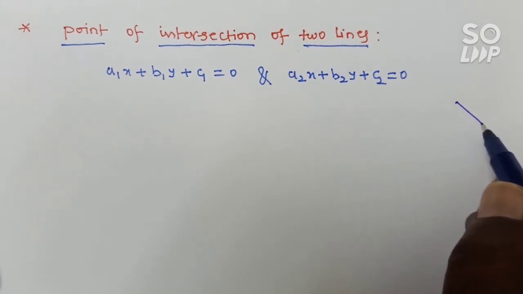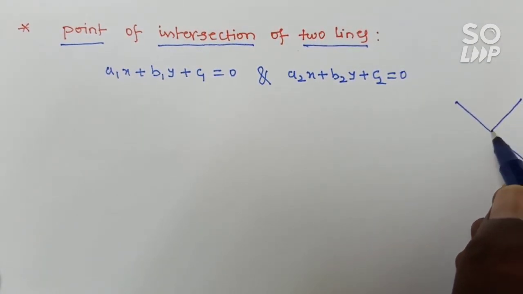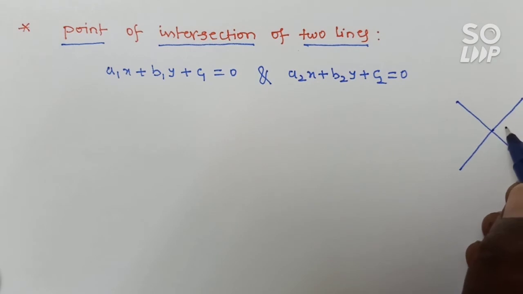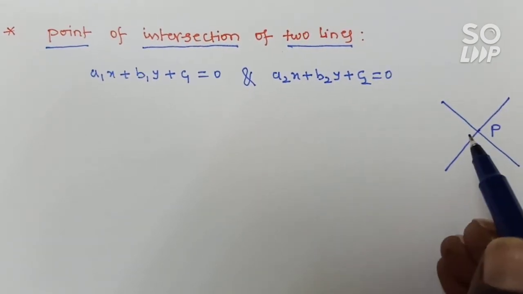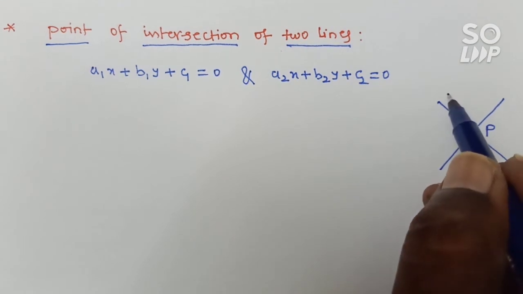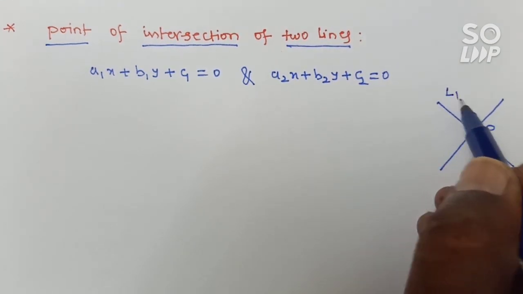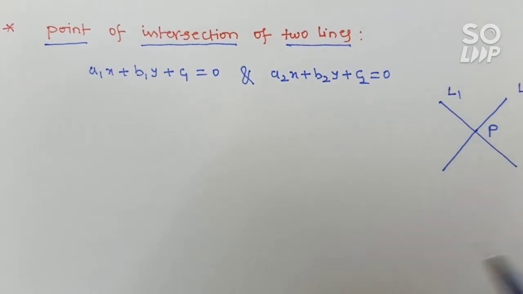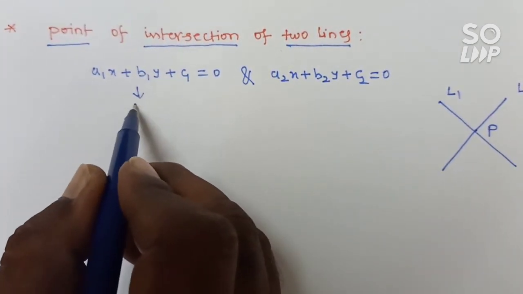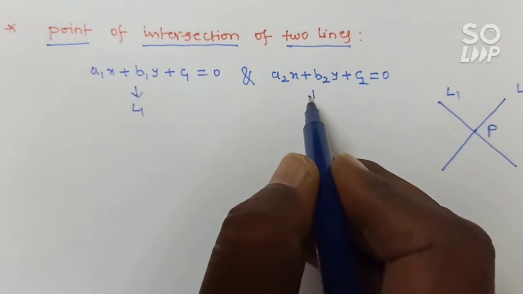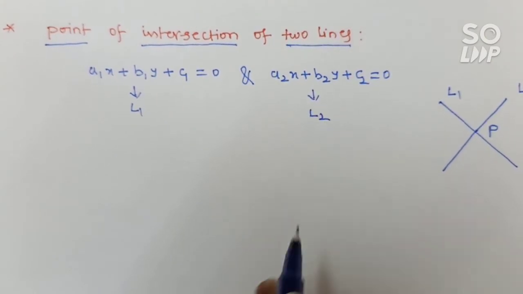Point of intersection means these two lines will have a common point. This is one line and this is another line. Let this be L1 and this L2, right? L1 is the first line and L2 is the second.